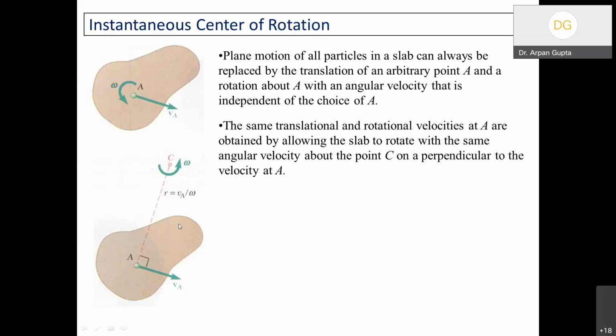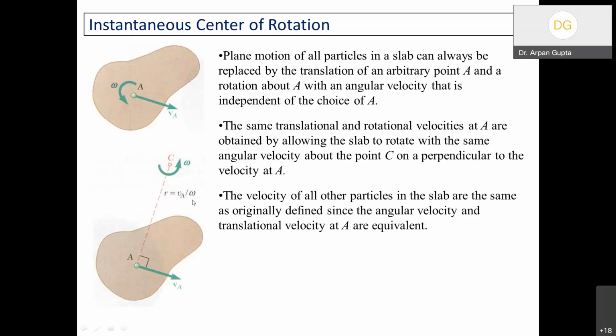And if this point moves with a velocity VA, then we can say that this point C will be in a perpendicular direction to VA at a distance of r, which is given by VA by omega.